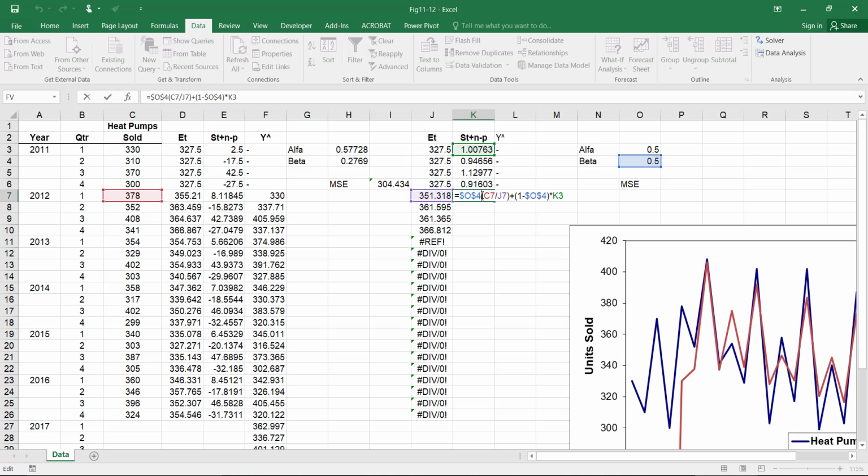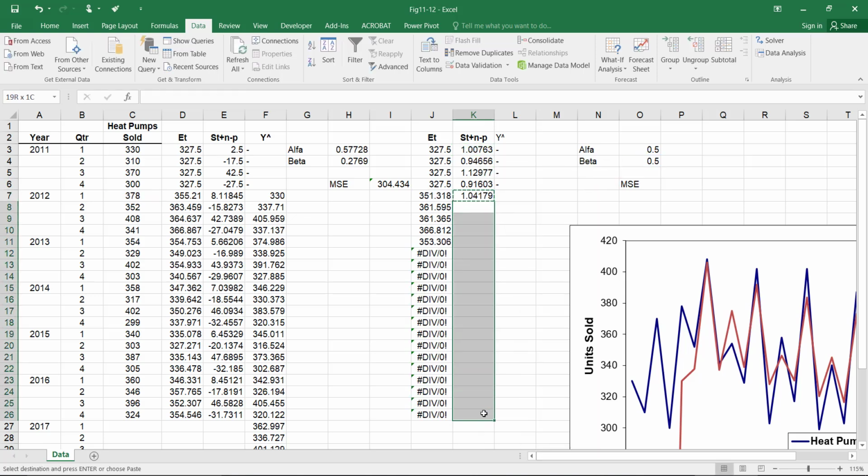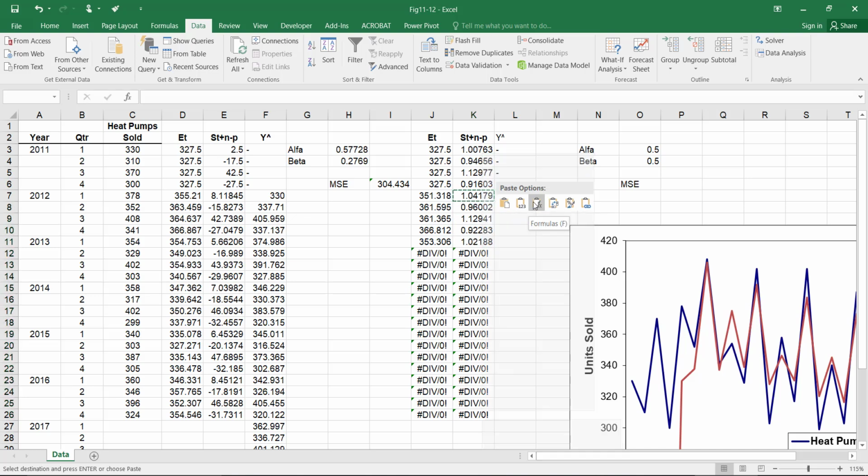And then we use this equation for all of the rest of the observations that we have.